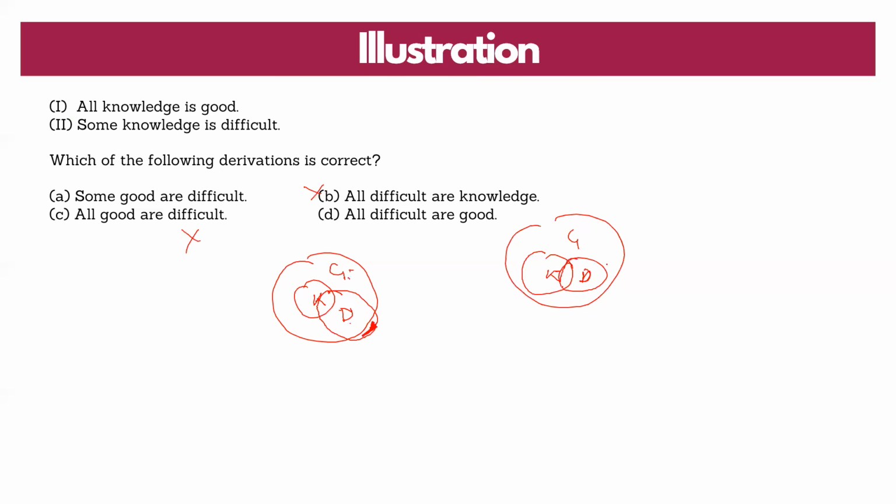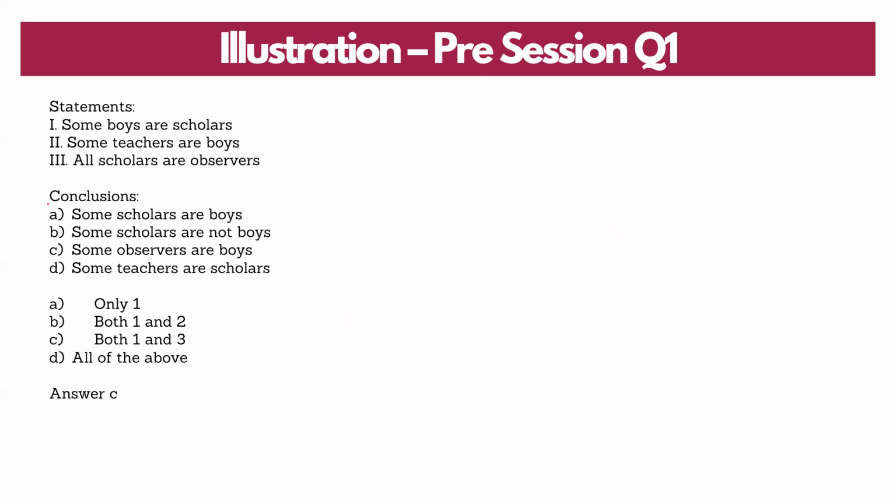But if I draw the diagram of D inside G, I'm assuming that all D are G. That is not mentioned. The only thing mentioned to me was some knowledge is difficult. So that is the diagram I should focus on. That is what we mean by cases. So the answer to this particular question should be option A. So this is your illustration of the pre-session question.